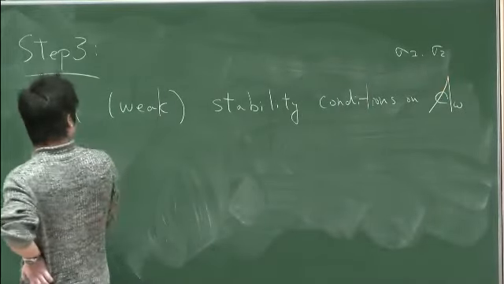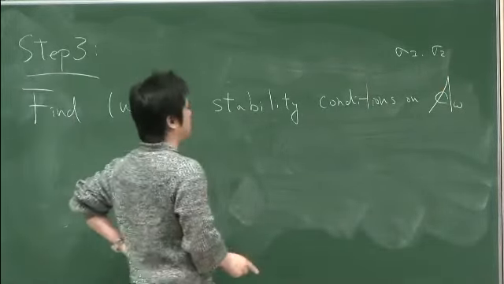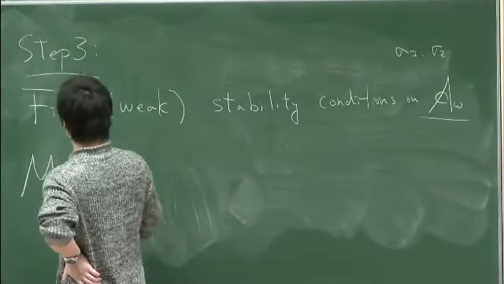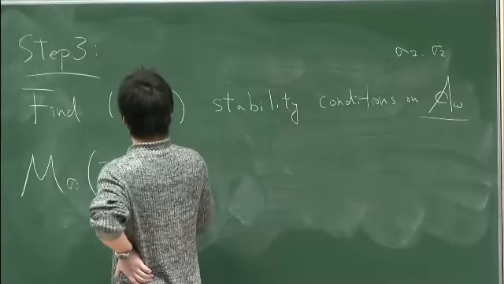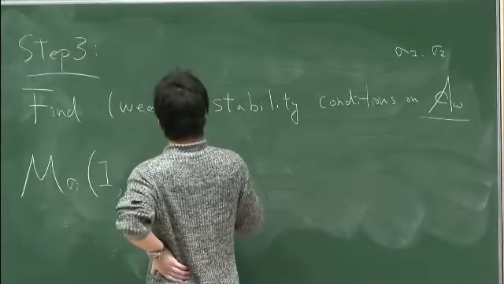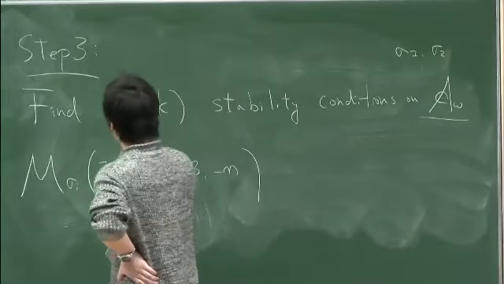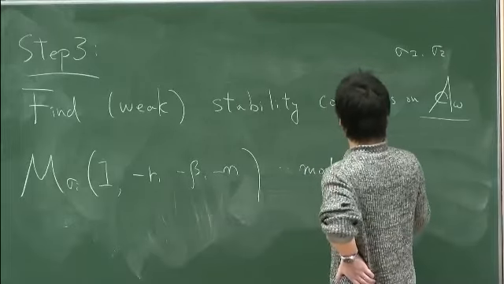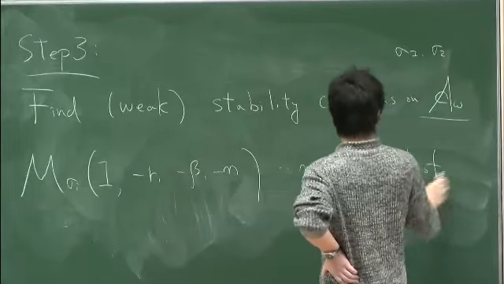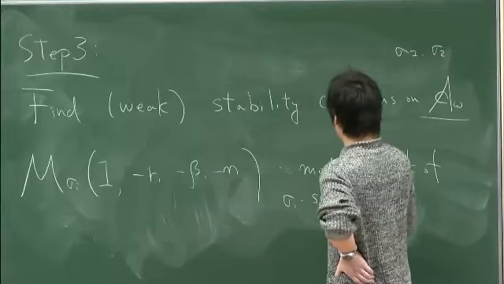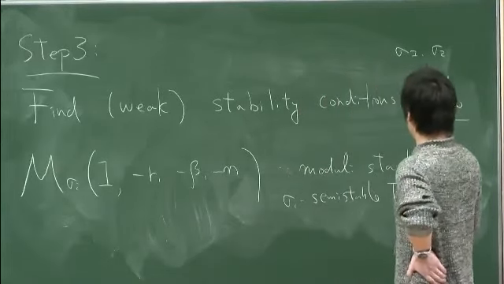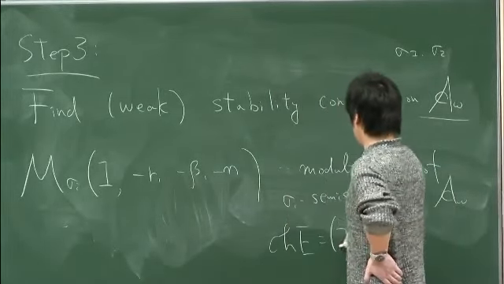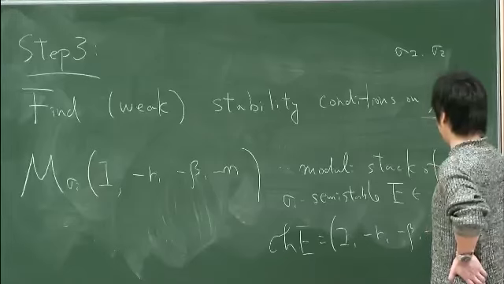And if I denote the moduli stack of semistable objects in this abelian category by M_sigma_i(1, -r, -beta, -n), that is the moduli stack of sigma_i semistable objects that have Chern character equal to (1, -r, -beta, -n).